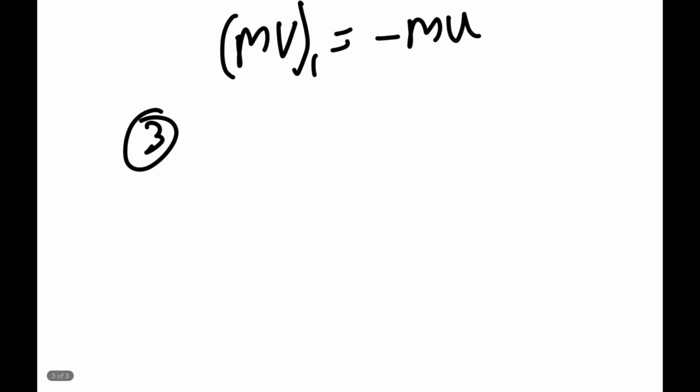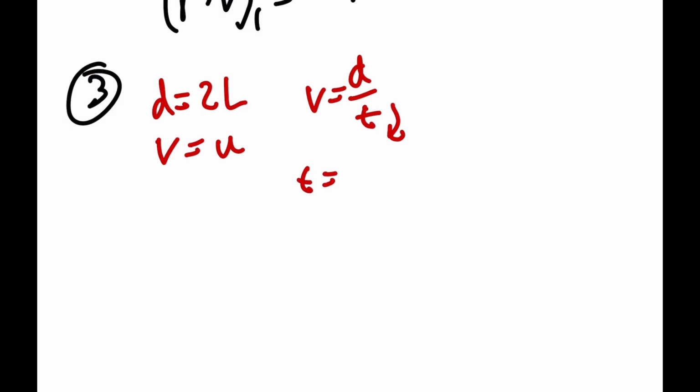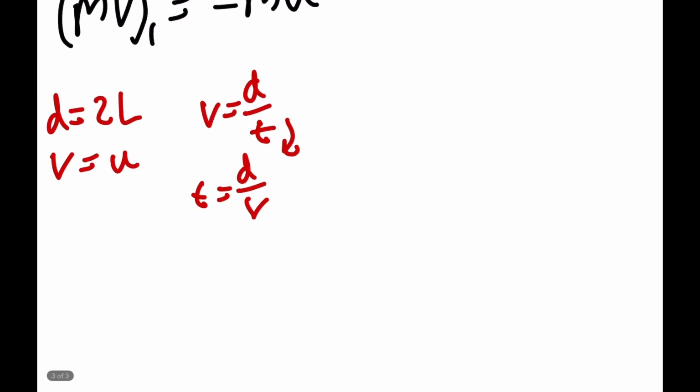So now we know the distance is equal to 2L, and we know that the speed is u, so velocity is u. And if we use v equals d over t to find the time, we can just rearrange to do d over v. And because distance is 2L and v is u, the time will be equal to this.